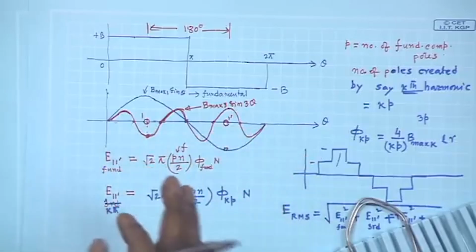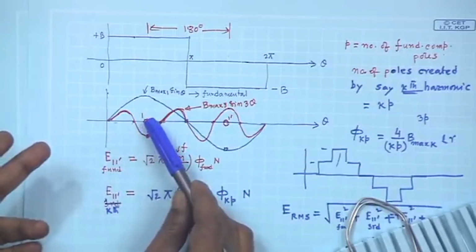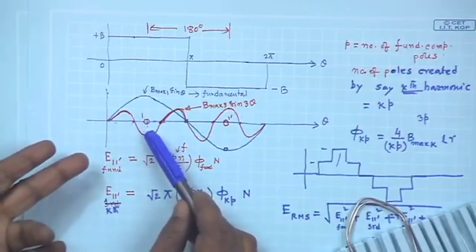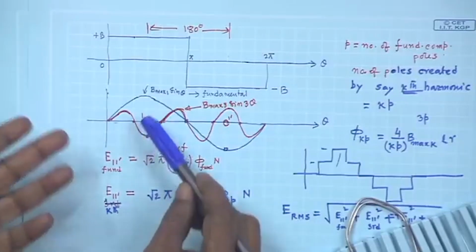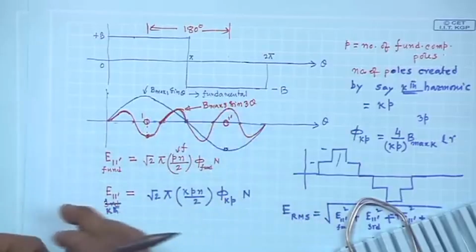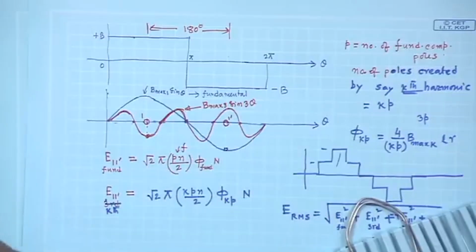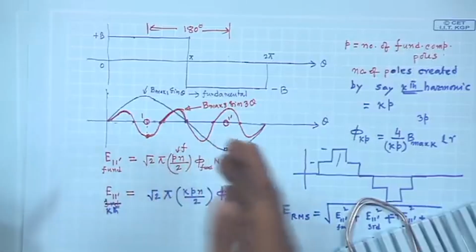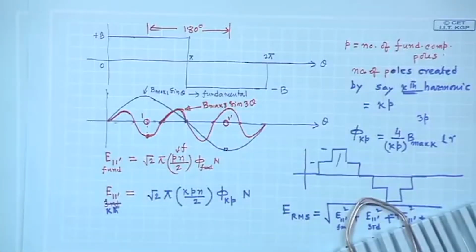Yes, there will be, simply because if one conductor is placed under the center of, say, a north pole, the other one is under the center of a south pole, and therefore there will be voltage. This is also true for fifth and seventh harmonic.